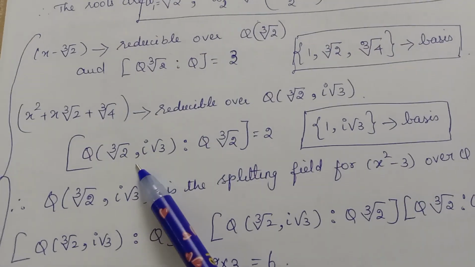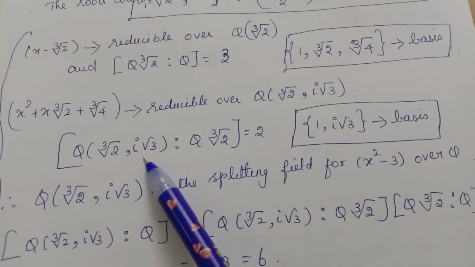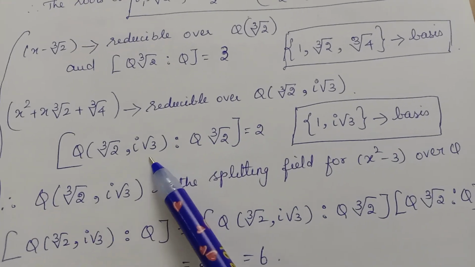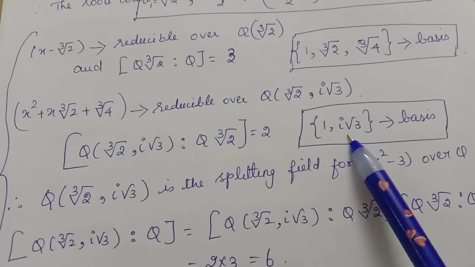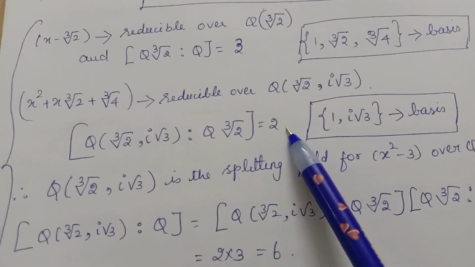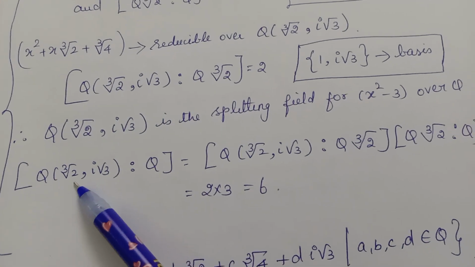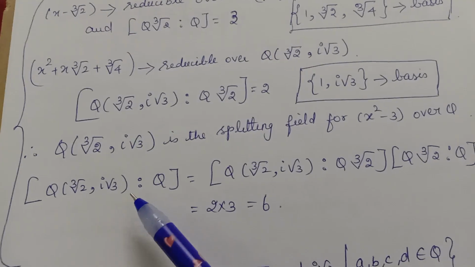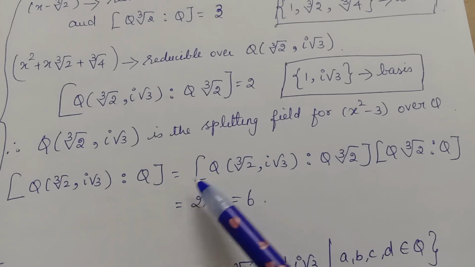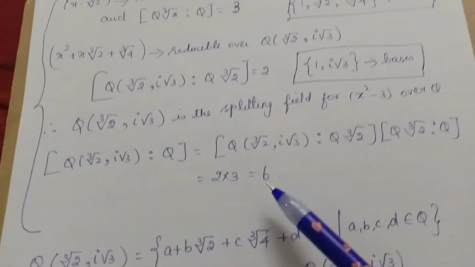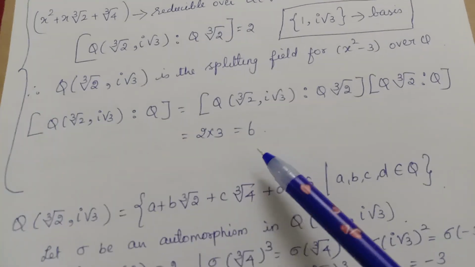Next, this field is obtained from the previous field by adjoining i root 3. So what is the degree? 1 comma i root 3 is the basis, therefore the degree equals 2. So totally the splitting field is Q of cubic root of 2 comma i root 3, and the degree of this field over Q is 2 into 3, which equals 6. Okay, so this is the degree of the splitting field.